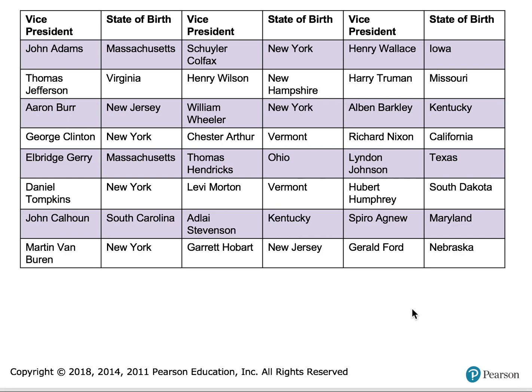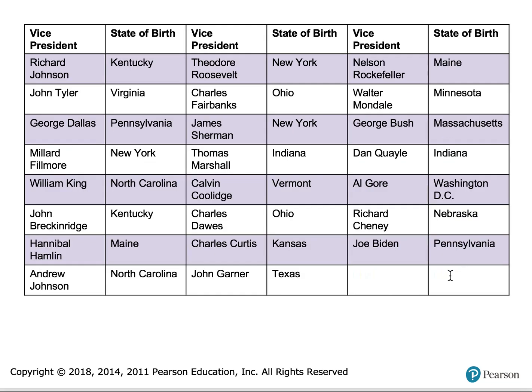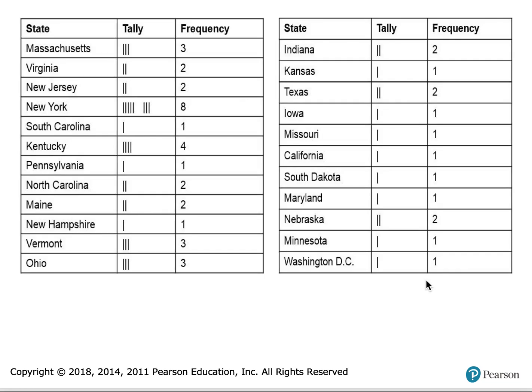And so I'm not going to list every one, but here are our states of birth: Massachusetts, Virginia, New Jersey, New York, Massachusetts. So some more states: New York, New Hampshire, New York. Okay, and here's some more presidents. And they've organized that for us, which is what we would have to do. I'm not going to physically do it, so thankfully they've already done that for us.